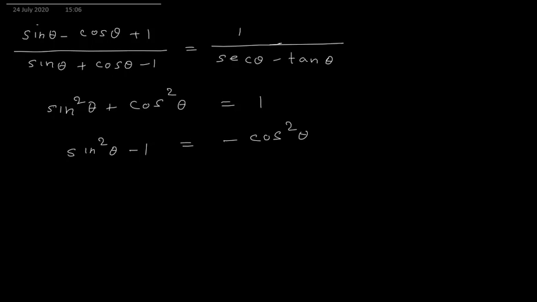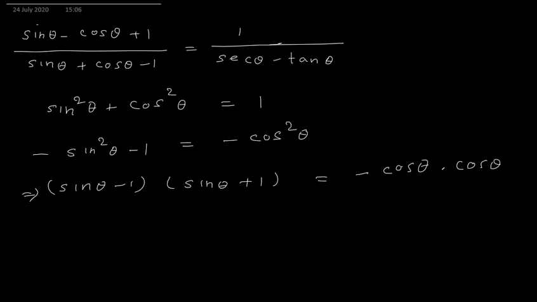Now this sin square theta minus 1 is sin theta minus 1 into sin theta plus 1. This is equal to, on the right hand side, minus cos theta into plus cos theta. Now from this what will I get?